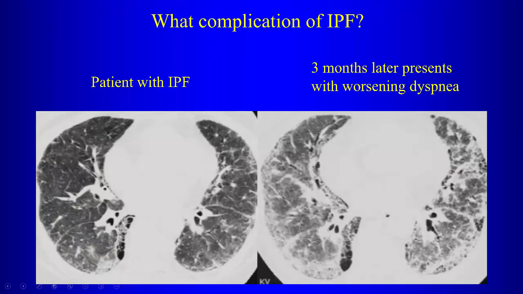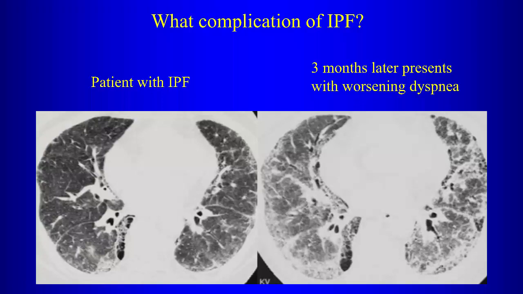Here's a patient who had idiopathic pulmonary fibrosis, came back 3 months later with worsening shortness of breath and dyspnea. What do we see here now? On the left, we see some peripheral hazy opacity or ground glass opacity. Yeah, so mostly ground glass opacities, right?